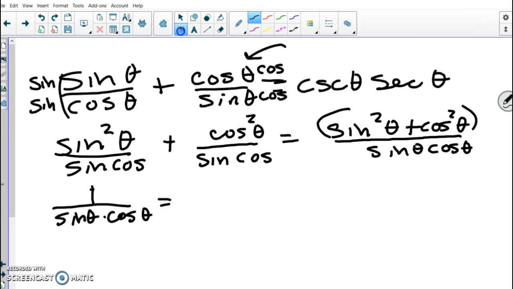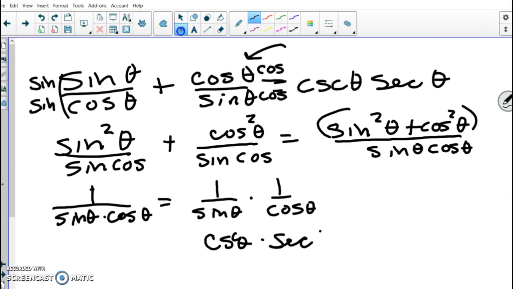I want to take that fraction and turn it into two fractions. 1 over sine theta times 1 over cosine theta. And we know those simple comparisons. 1 over sine is cosecant theta. Whoops, I missed a C. And 1 over cosine is simply secant theta.